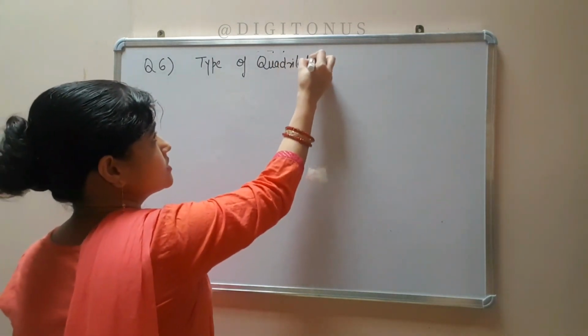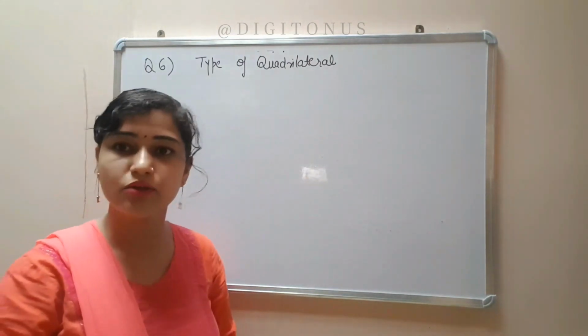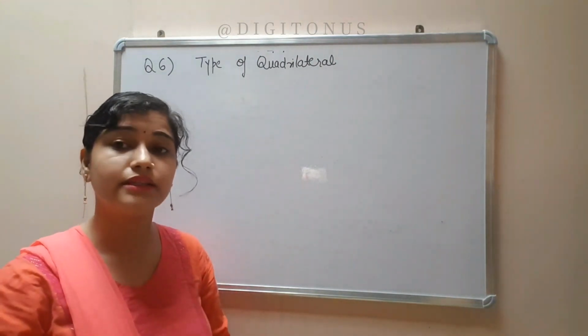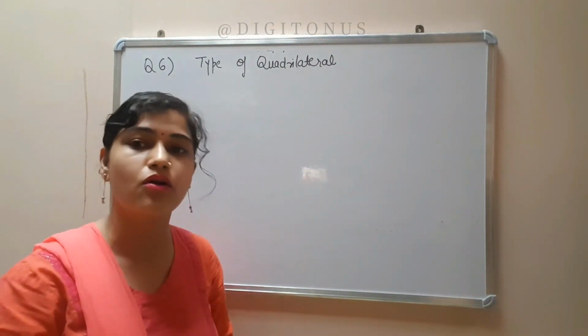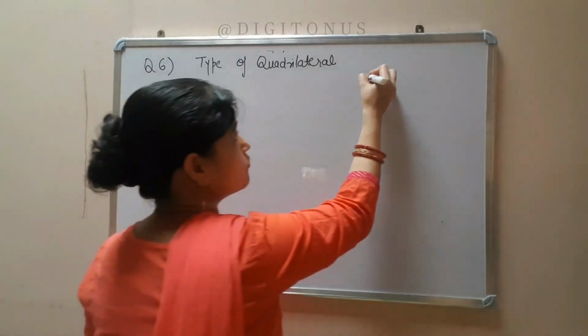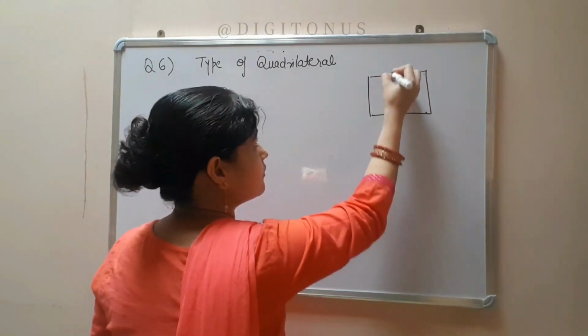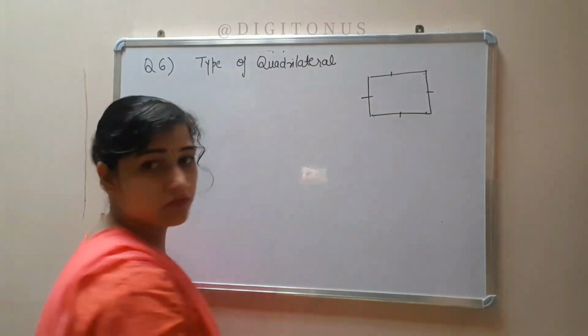For this, you should know how to find the distance between 2 points, and also the properties of all types of quadrilaterals. Suppose they have given you 4 points. First, we will find the distance between all 4 points.